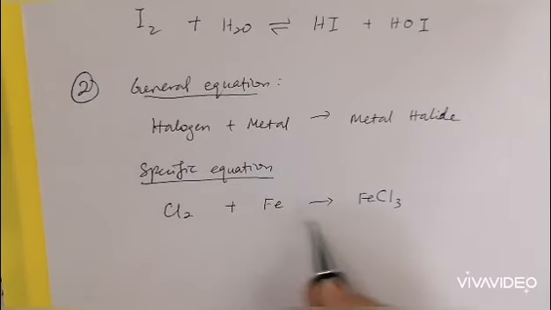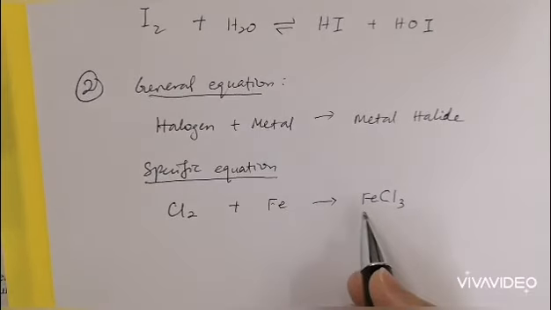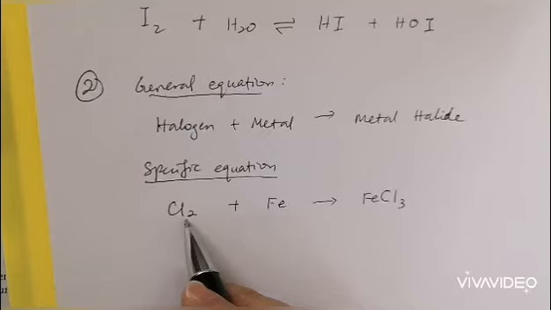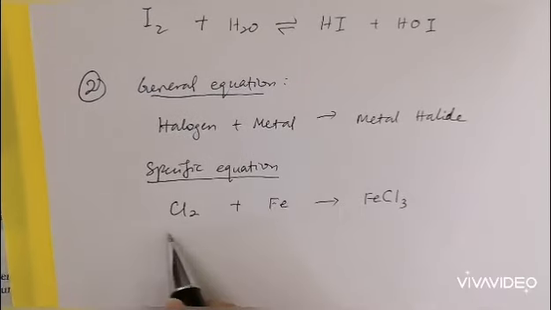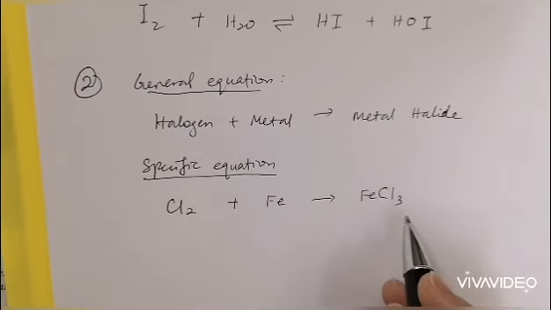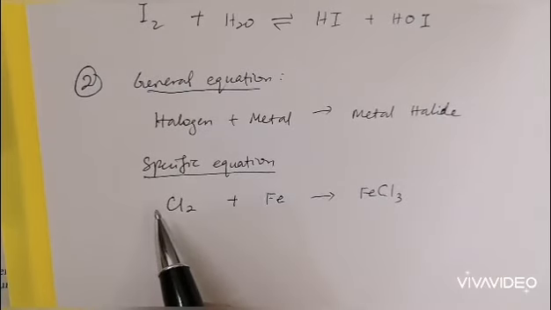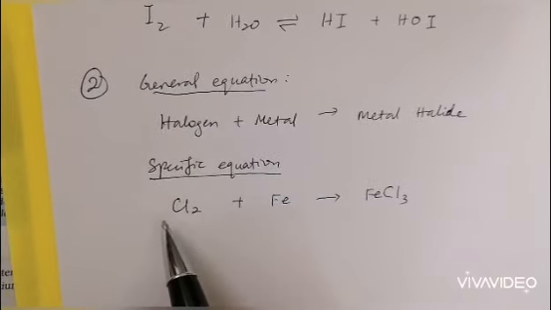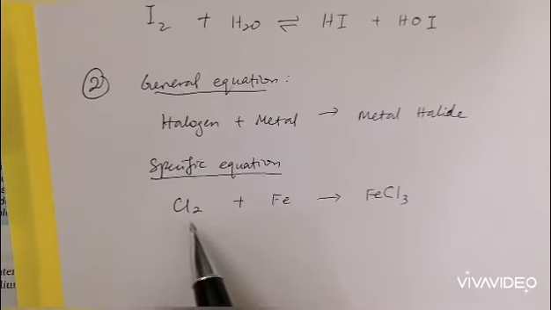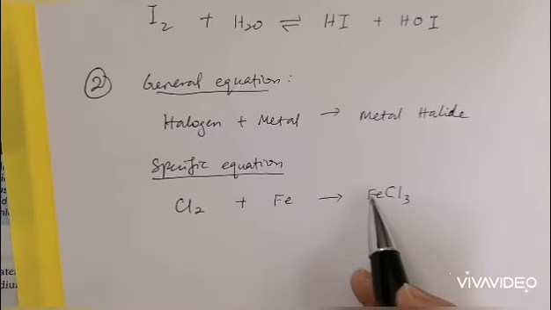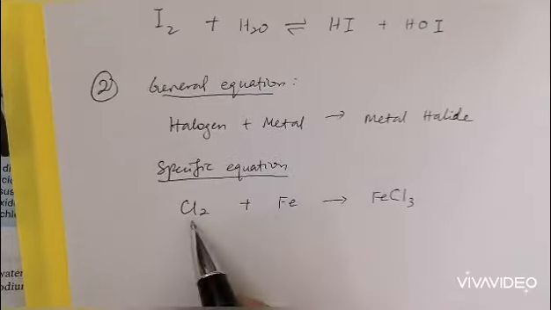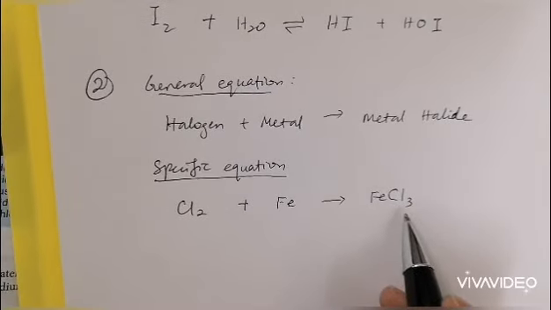There are 2 Cl's on one side and 3 Cl's on the other. We need to make these 2 and 3 balance first. Can we put 2 in front here? If I put a 2 in front here, that will be 4 and 3, still not balanced. If I put another 2 here, that's 4 and 6. It's not balanced.